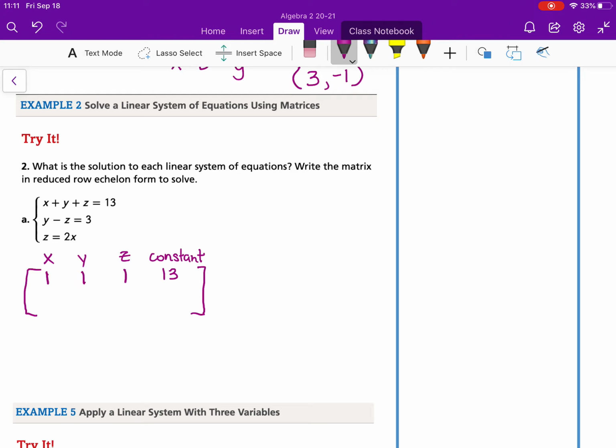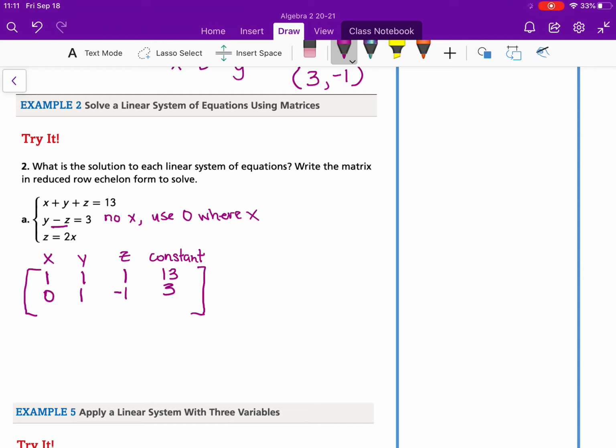It's 1X, 1Y, 1Z, and the constant is 13. In the second row, there is no X, so I'm going to use 0 where X is. So 0, 1, -1, so tricky because that's a minus sign, 3.